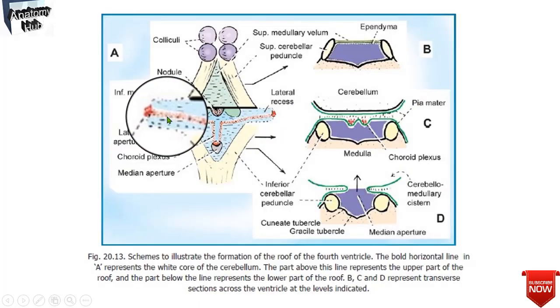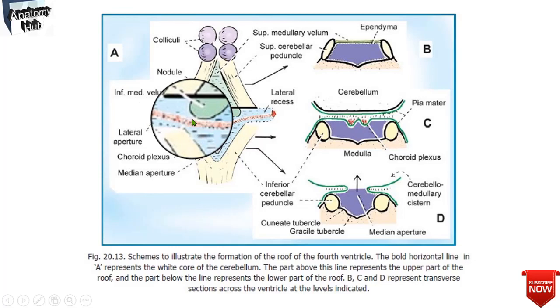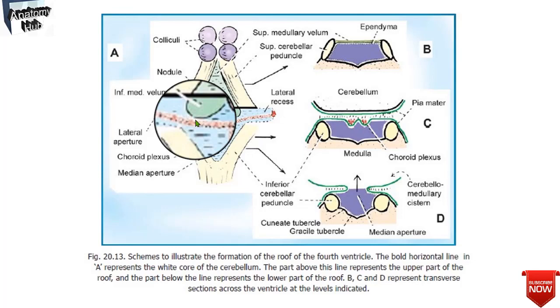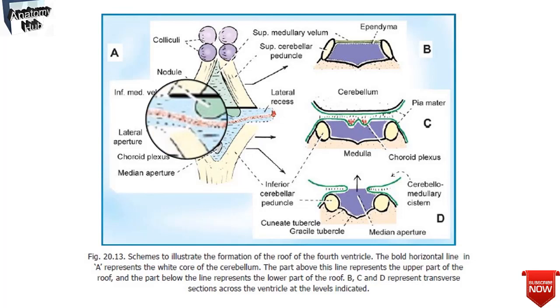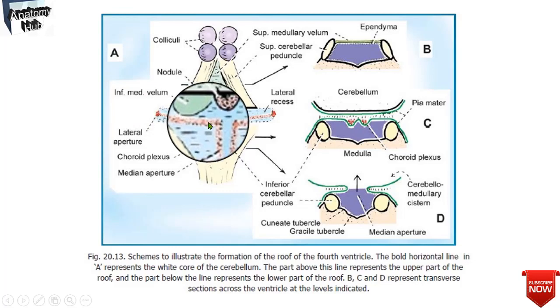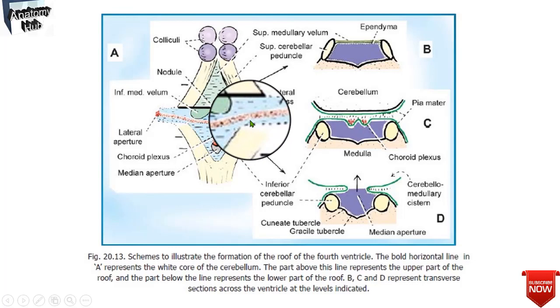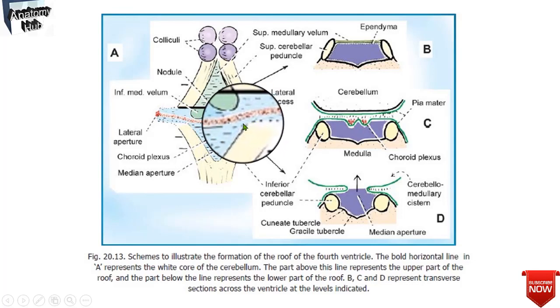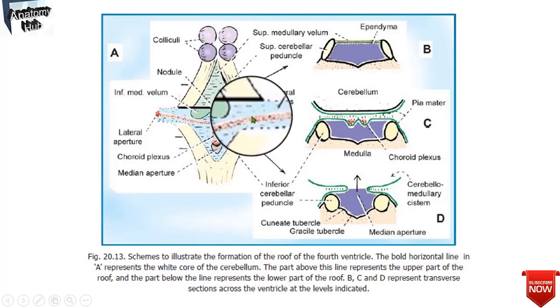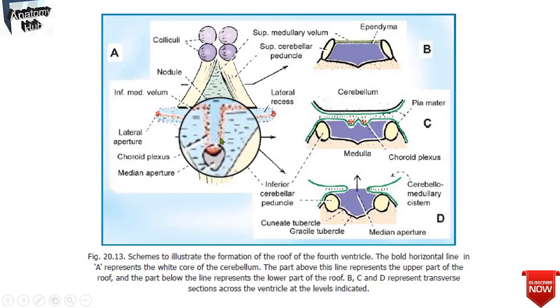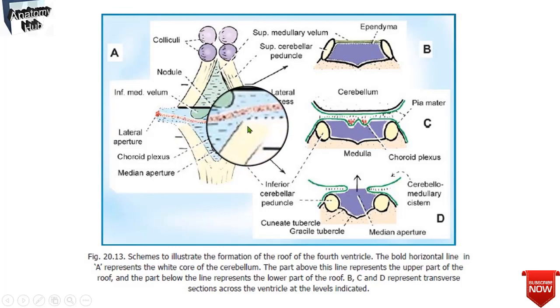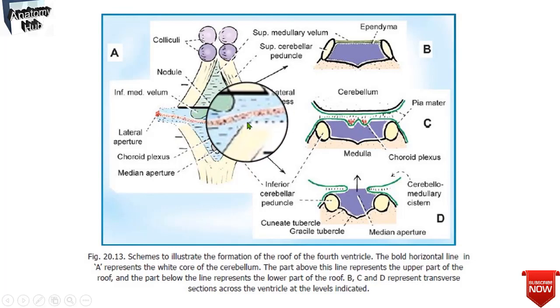The choroid plexuses of the fourth ventricle are very similar in structure to those of the lateral and third ventricles, and they project into the cavity of the fourth ventricle, that you can observe here, from the lower part of the roof.